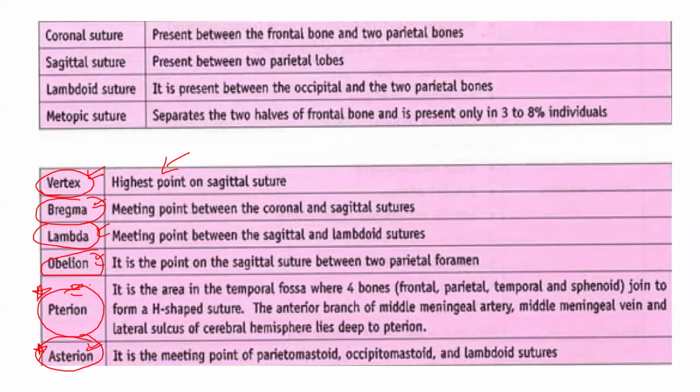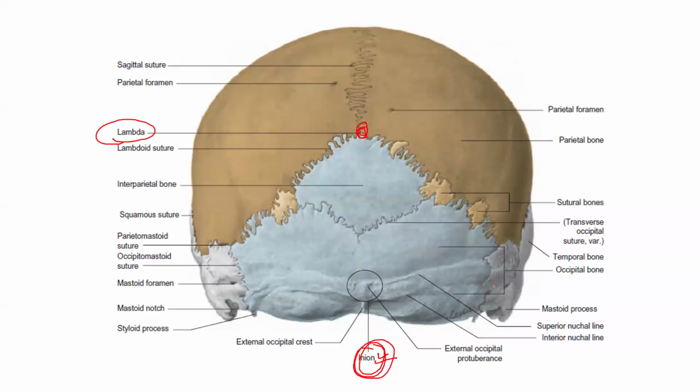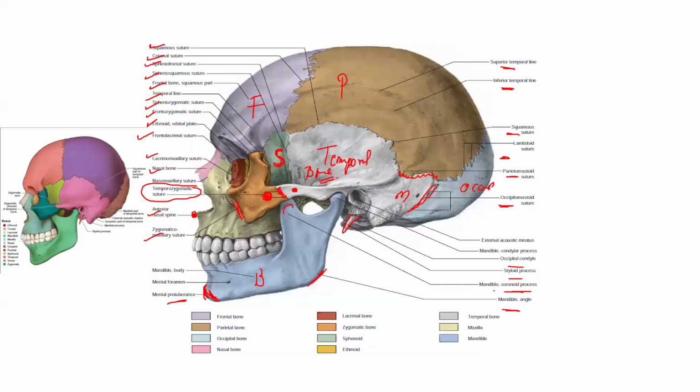Okay. Now pterion is H-shaped. Where is it? It is an H-shaped suture, and it has 4 bones: the frontal, parietal, temporal, and sphenoid. Let's see where we can see it clearly. Okay. So here it says frontal bone, parietal bone, sphenoid bone, and temporal bone.